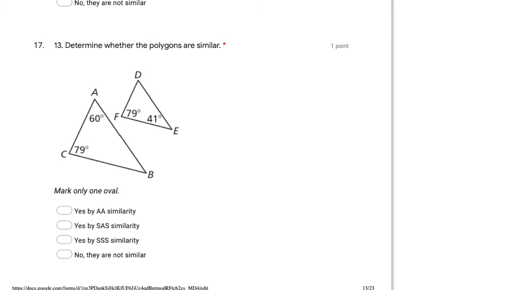Let's see if these are similar. We've got one angle between the two that are congruent. We just got to figure out what this third angle is in each of these. Find out if we have any other angle that is congruent. Well, the entire triangle, let's do triangle ABC here. All the angles have to add up to 180, so I'm going to subtract off the ones I already know. I'm going to get rid of the 79 angle.